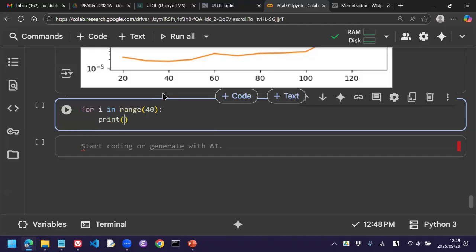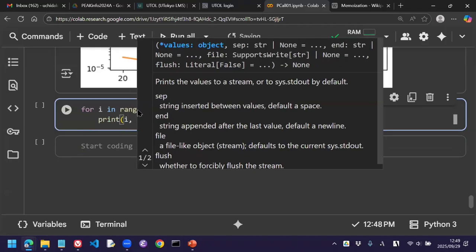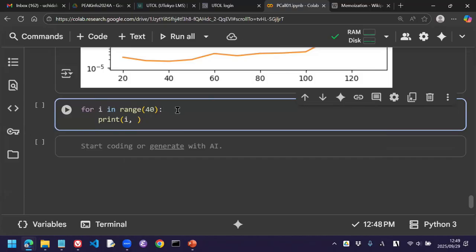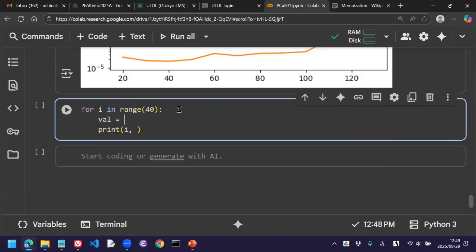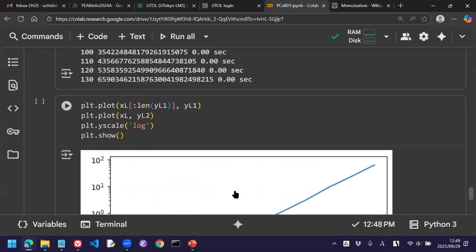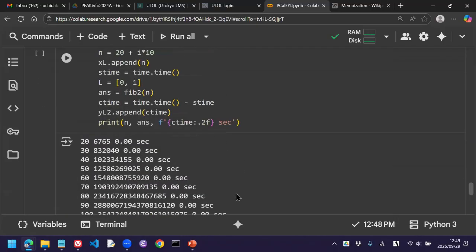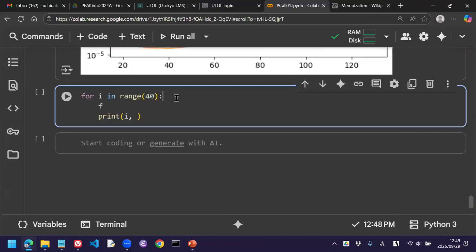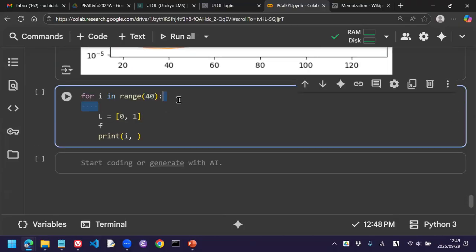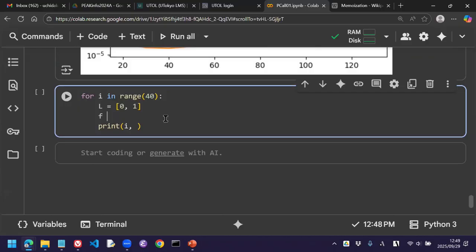And we can print i, and the value F. As we noticed, we need to initialize the list each time we compute values, so we set L to 0, 1, and the F value is fib2 of i.